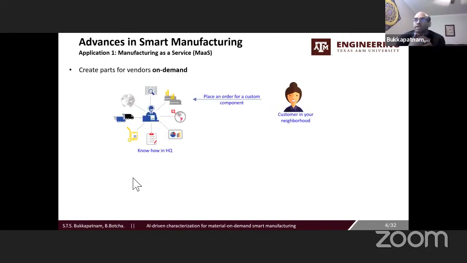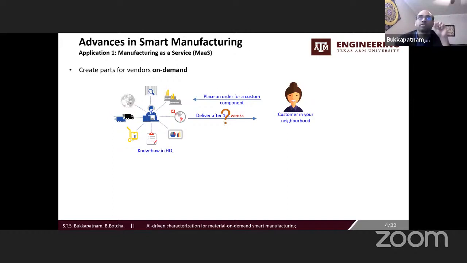So the idea is today, whenever you want to have any custom part made, you basically reach out to a supplier, and the supplier has to make it, and they usually take a few weeks before they make it and then ship it back. That's because the entire IP or the intelligence is completely concentrated.